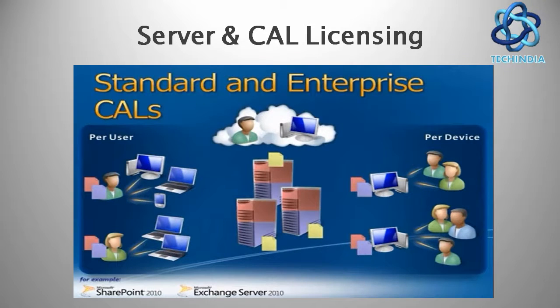In this CAL license, you have two types: the standard CAL license and the standard and enterprise CAL license. If you purchase the standard CAL license, you will get limited feature access. If you want to use the full feature set, you should purchase the standard and enterprise CAL license. I can give an example with SharePoint and Exchange server for this licensing.